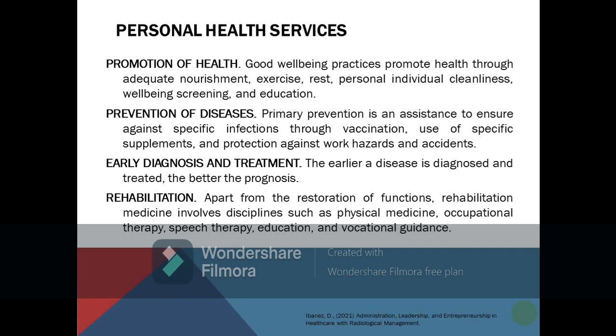Apart from the restoration of functions, rehabilitation medicine involves disciplines such as physical medicine, occupational therapy, speech therapy, education, and vocational guidance. Rehabilitation thus must start early in the process of medical treatment.